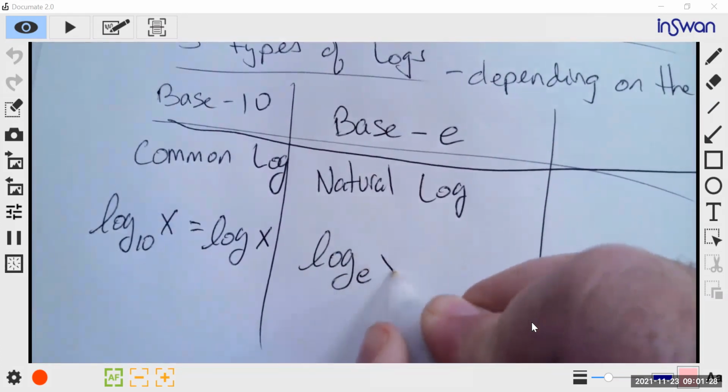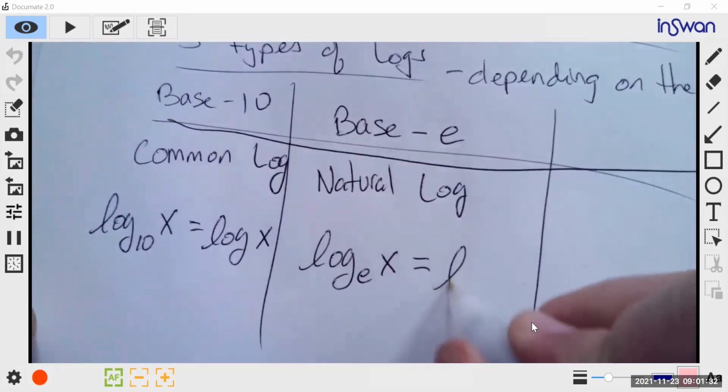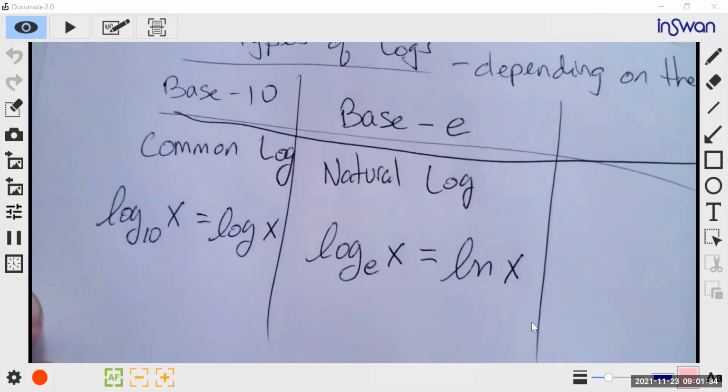A log base e will look like this, ln x. So if you ever see an ln x, that means it's log base e.